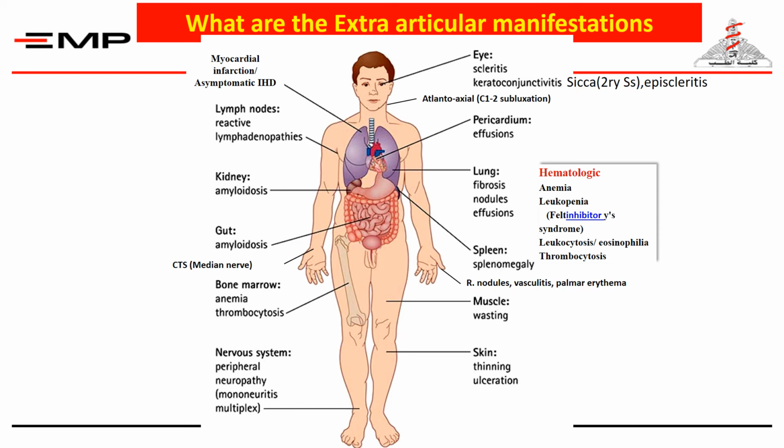Muscle wasting can occur due to disuse of the muscles nearby the affected joints. Also, the bone marrow can be affected, causing anemia and or thrombocytosis. The skin may be affected in some patients with thinning and ulcerations. Peripheral neuropathy and monocytosis can occur also.